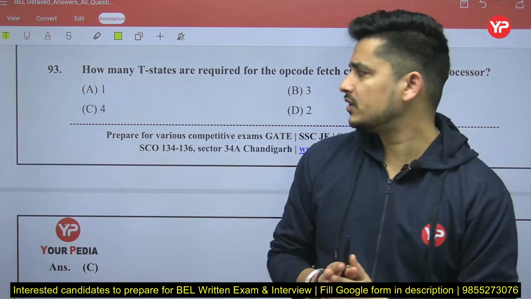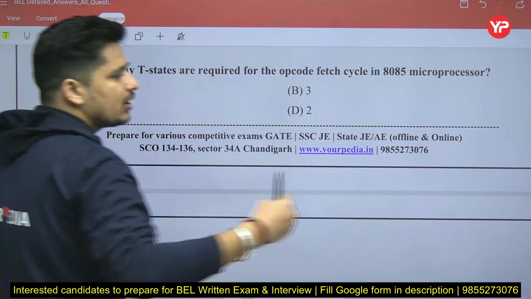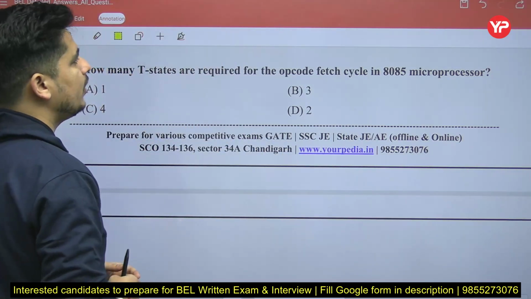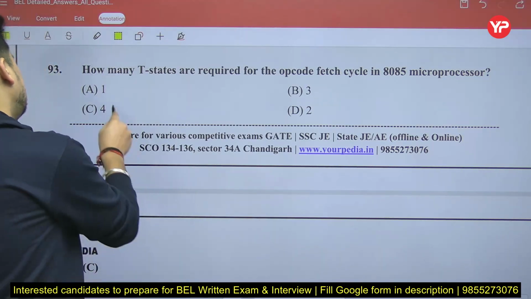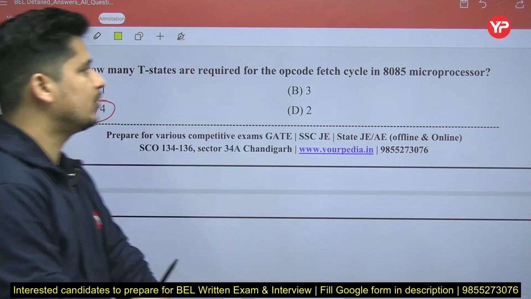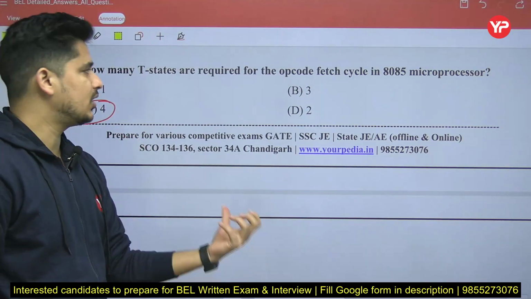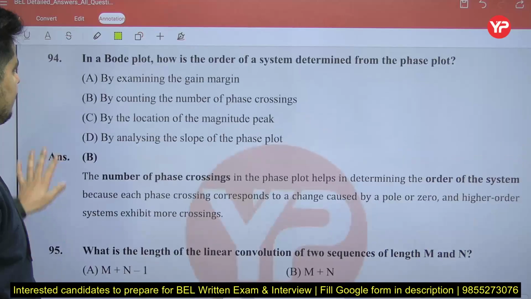So the process is called opcode fetch. Whenever it is fetching the instruction from the memory, that is called opcode fetch. So how many T states does opcode fetch require? That will be 4. So whenever you have an 8085 microprocessor, opcode fetch requires 4 T states, right?